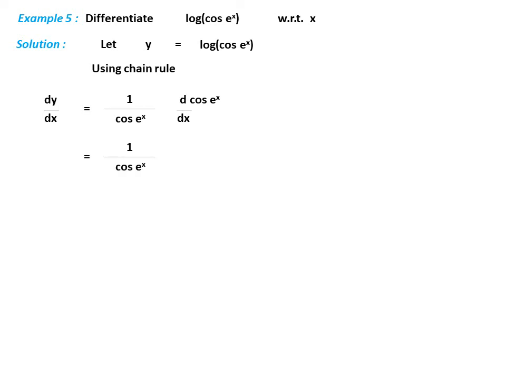So this is 1 by cos e^x into minus sin e^x into, once again, d by dx of e^x, chain rule. So you can write minus tan e^x, because minus sin e^x by cos e^x is minus tan e^x, into differentiation of e^x is e^x. Therefore this is minus e^x tan e^x. So this is the answer.